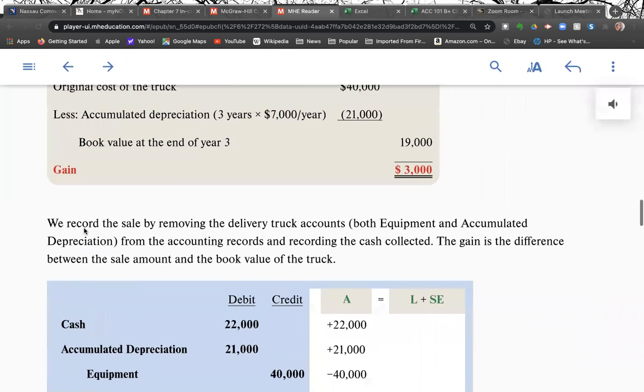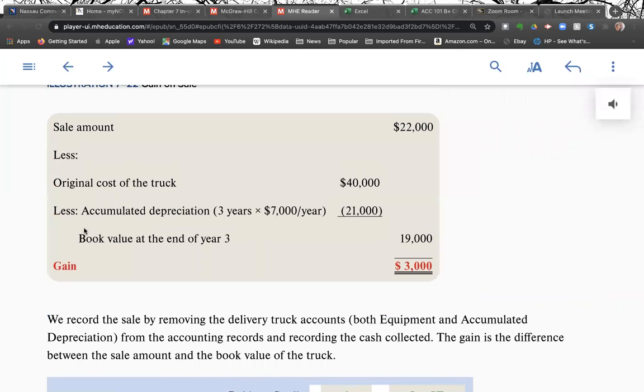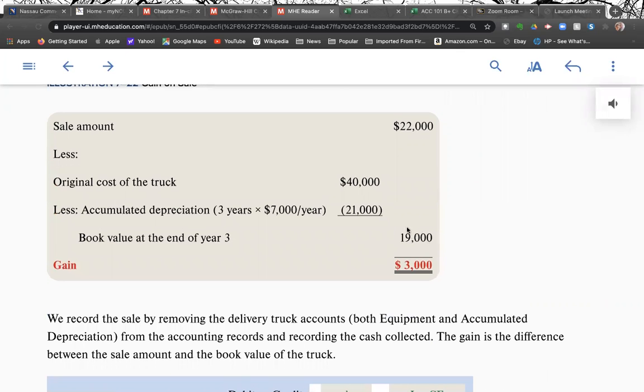But if you want to calculate the gain or the loss, compare the cash you received to the book value of the asset you sold. Right? I received $22,000 in cash. The book value was $19,000. 22 minus 19 is 3. The thing that makes these problems difficult is that sometimes they'll tell you what the accumulated depreciation is, and sometimes they won't.